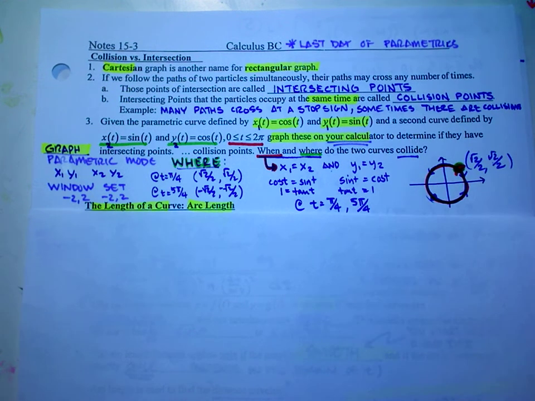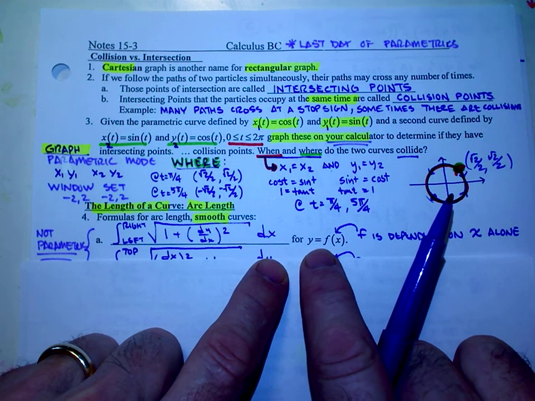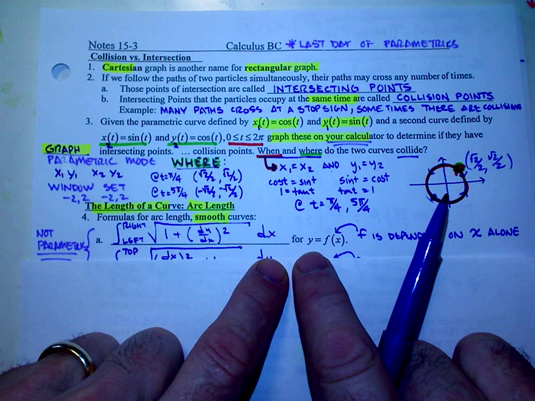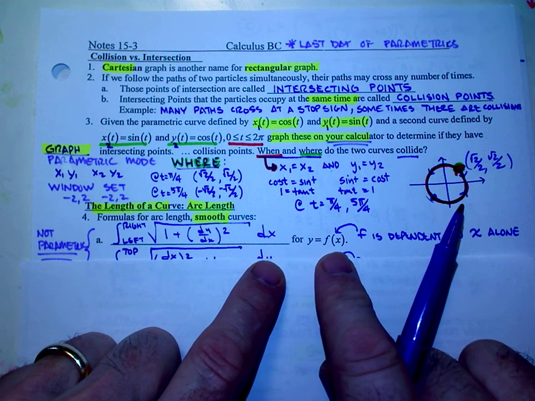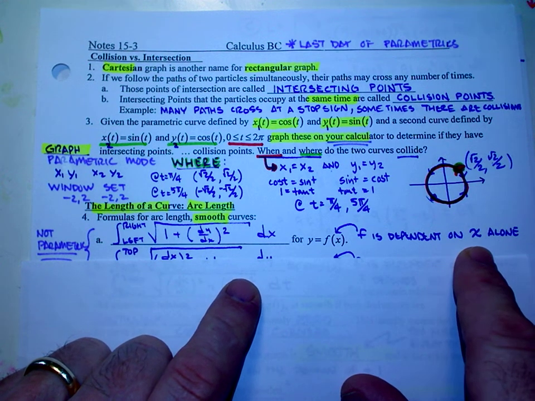Next, I want to talk to you about the length of a curve, or it could be asked, what is the arc length? I want to look at this in three different ways. The first one is if, and this is the if, y is a function of x. In other words, f is dependent only on x.